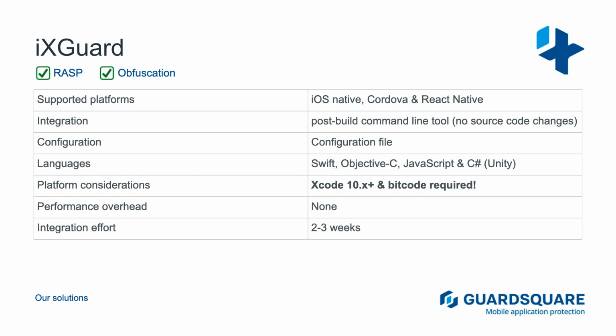Both will work equally well, but you will need both if you have an Android and an iOS app. IXGuard will protect the iOS app, DexGuard will protect the Android app. So you will need both tools in the end to protect everything. The feature set that is available is, of course, very similar on both platforms.